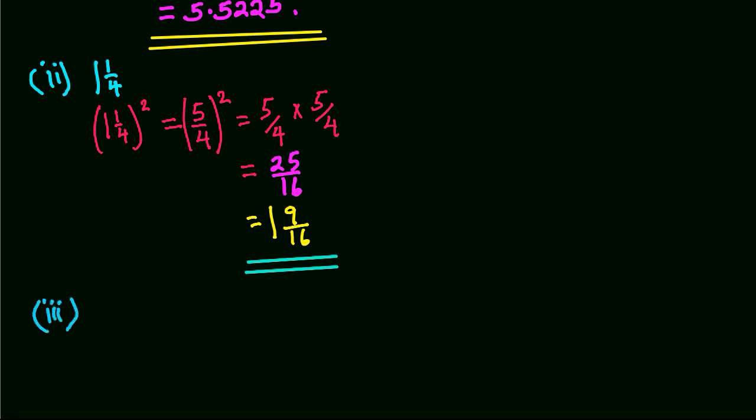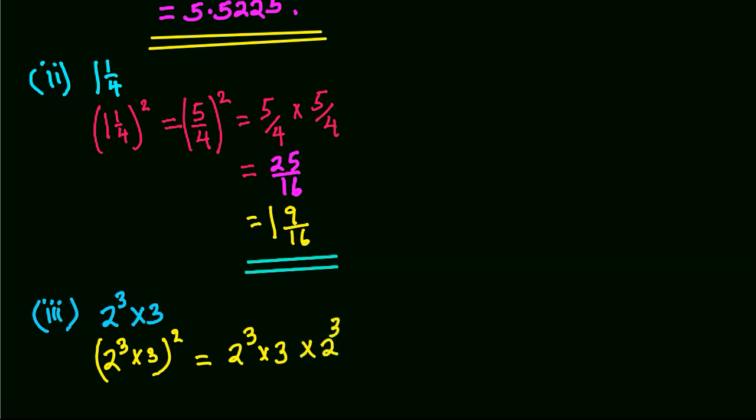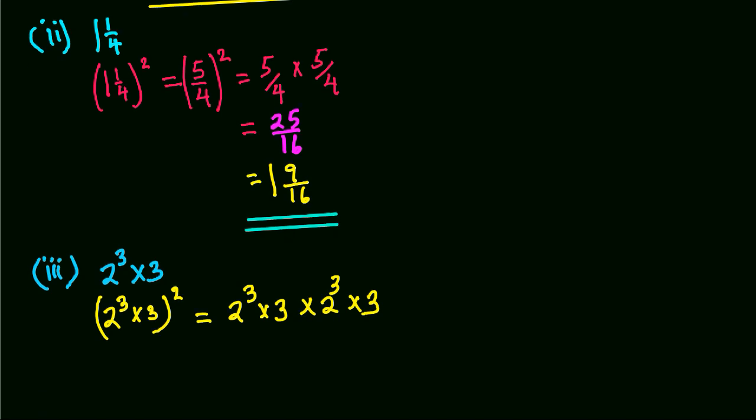And if we have 2 power 3 times 3, and we want to get the square of that, then that by definition means 2 power 3 times 3 squared, which is written as 2 power 3 times 3 times 2 power 3 times 3. So this would give 2 power 6 times 3 power 2.